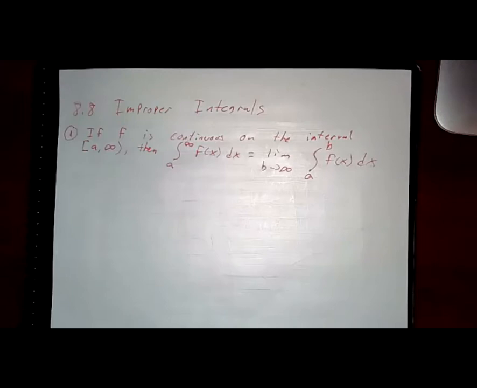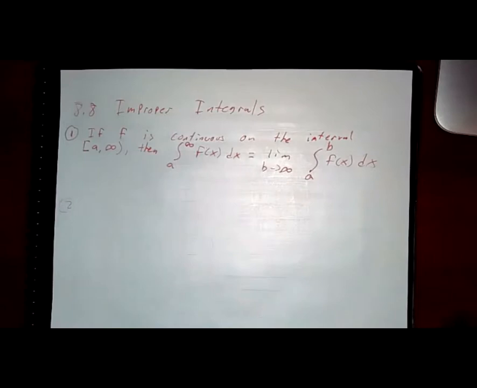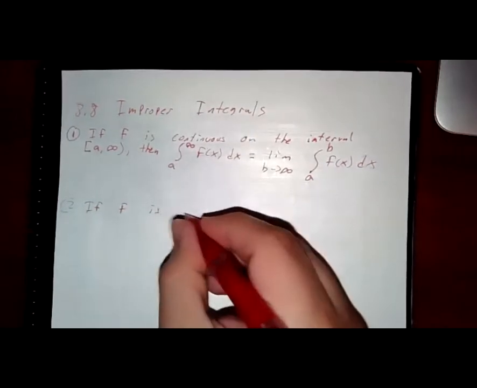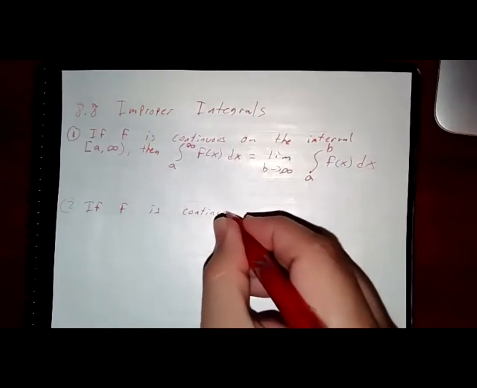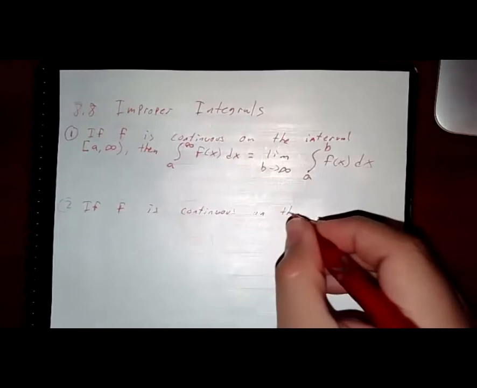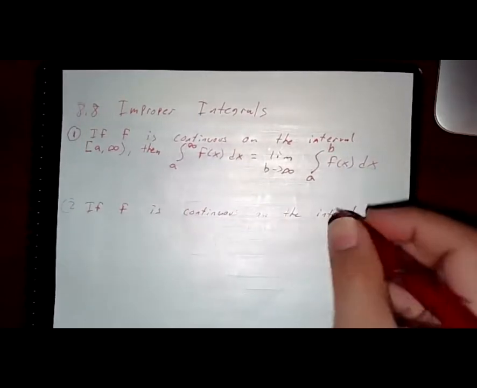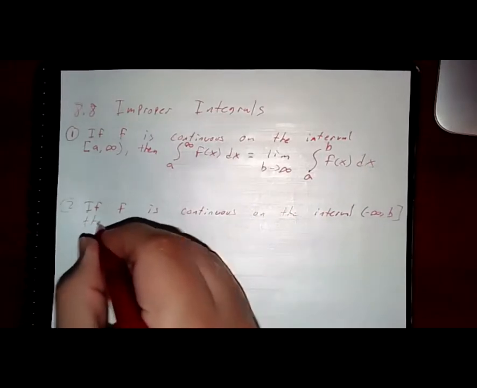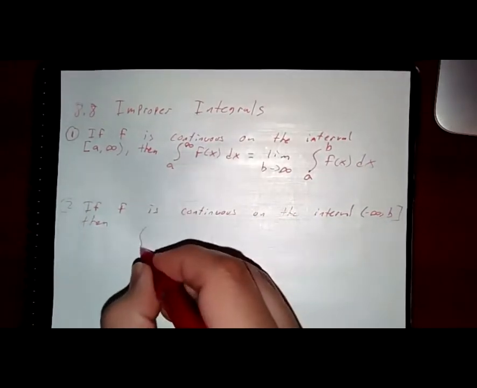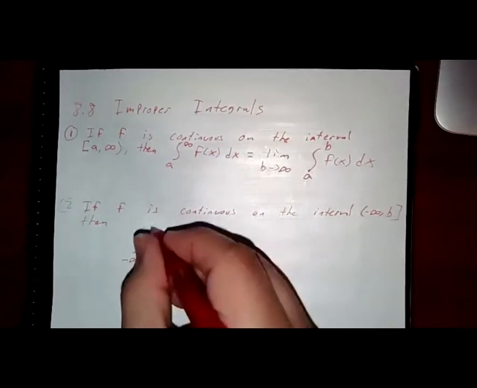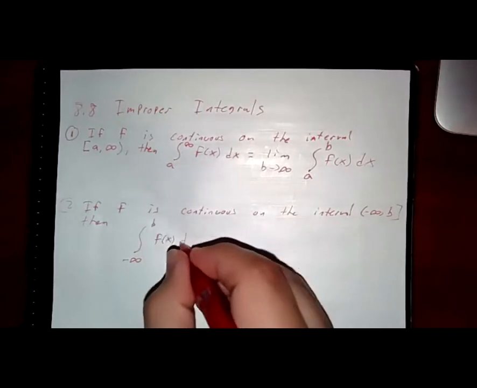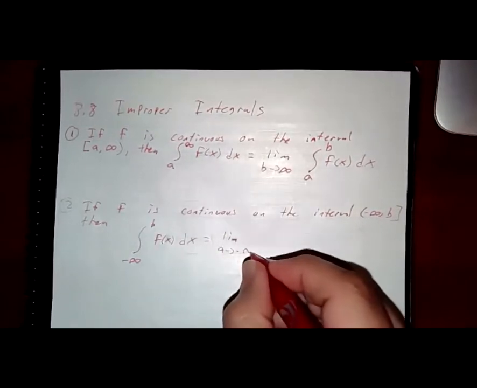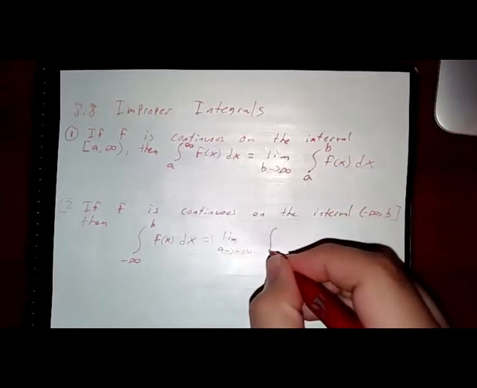All right. Number 2. If f is continuous on the interval negative infinity to b, then the integral of negative infinity to b of f of x dx is equal to the limit as a approaches negative infinity of the integral a to b.